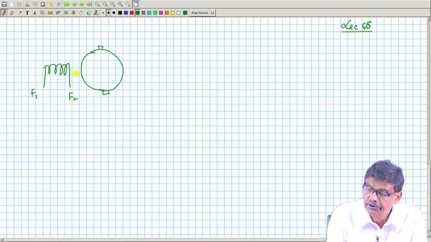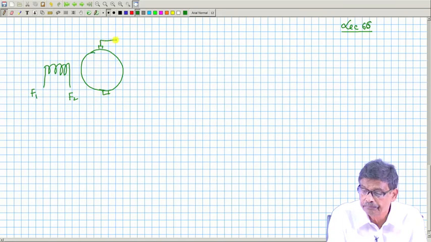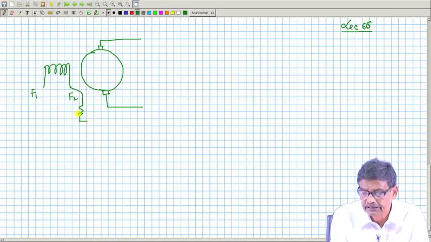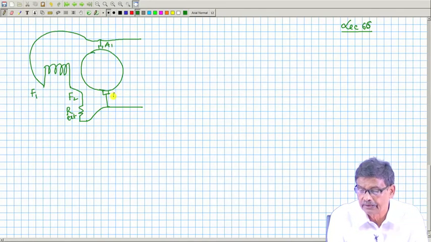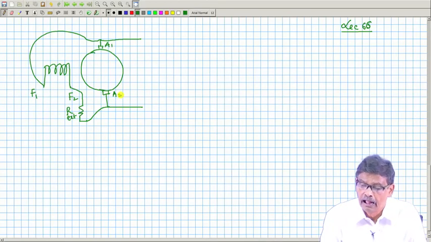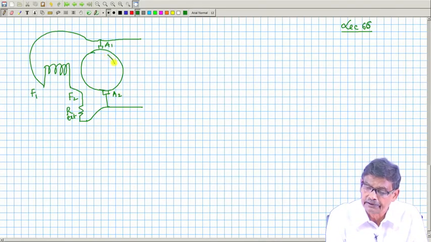Now, what we will do is connect some resistance, called the external resistance, in series with the field winding, and connect this field winding in parallel with the armature winding, which is marked as A1, A2. And then this generator is driven at the rated RPM.